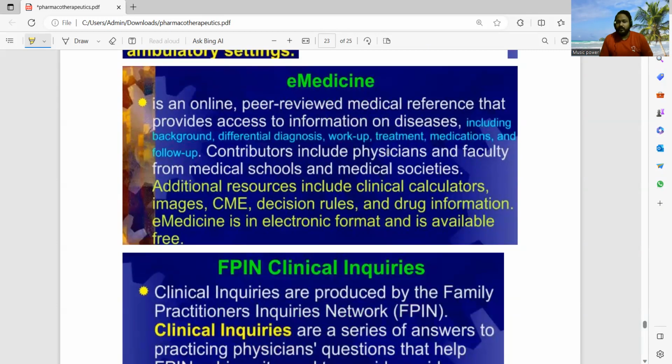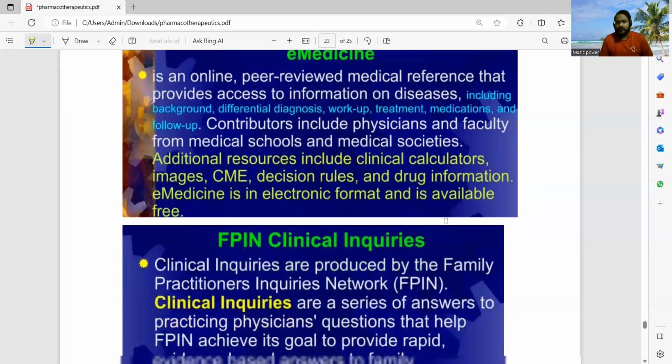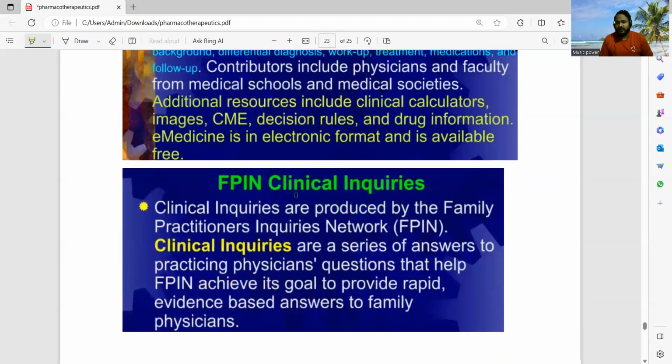Contributors include physicians and faculty from the medical schools, medical scientists, and societies, and additional resources include clinical calculators, images and CME process, decision rules, and drug information. eMedicine is in electronic format, which is available free of cost.